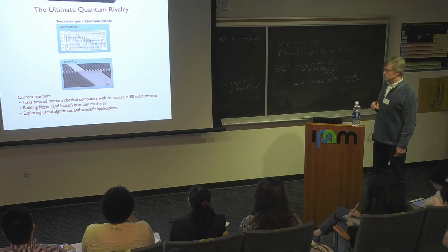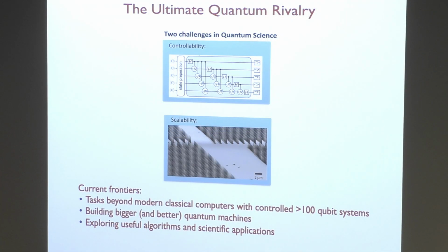The current frontier involves trying to use these systems, which now have hundreds of qubits, to experiment and learn how to build bigger and better systems. But they are also now big enough that one can really start addressing this application challenge, run some algorithms, and see to what extent one could solve problems that classical computers cannot solve.